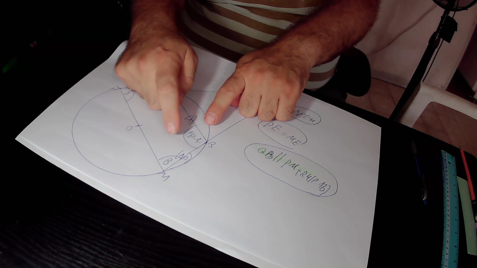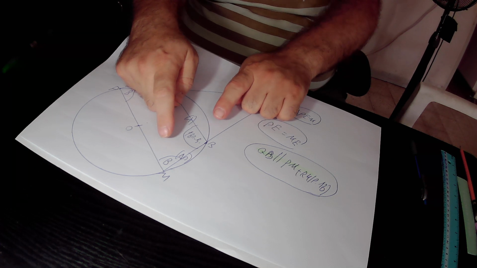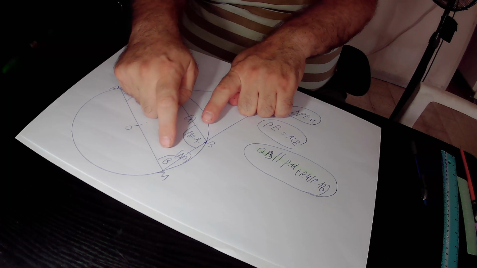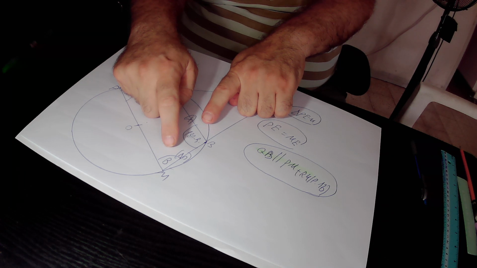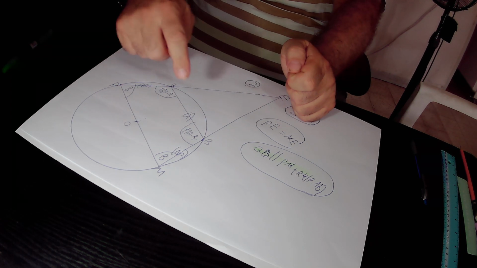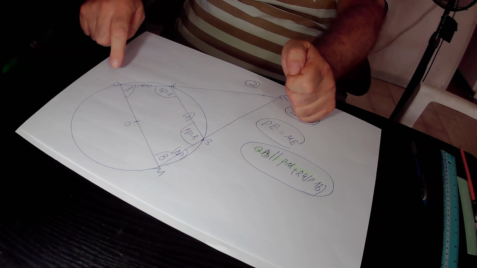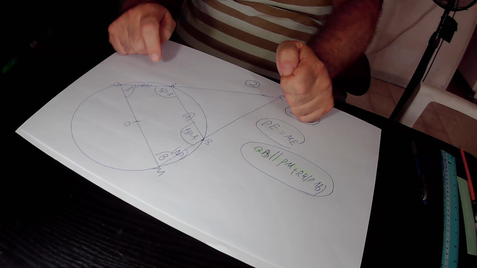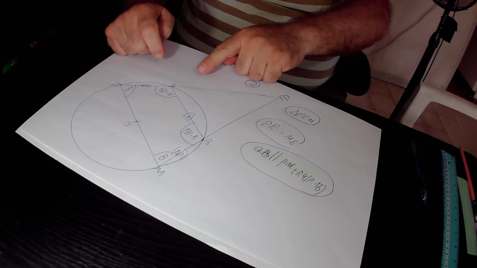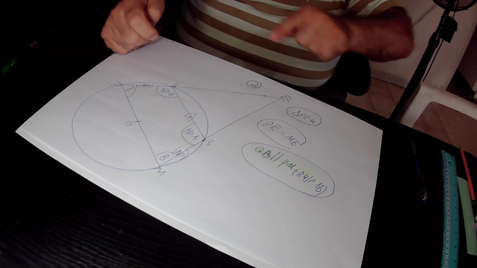The sum of those two one-sided interior angles is 180 degrees. And whenever two one-sided interior angles sum to 180 degrees, according to rule 18, they must be between parallel lines. Therefore QB must be parallel to PM according to rule 18. Again, QB is parallel to PM according to rule 18.